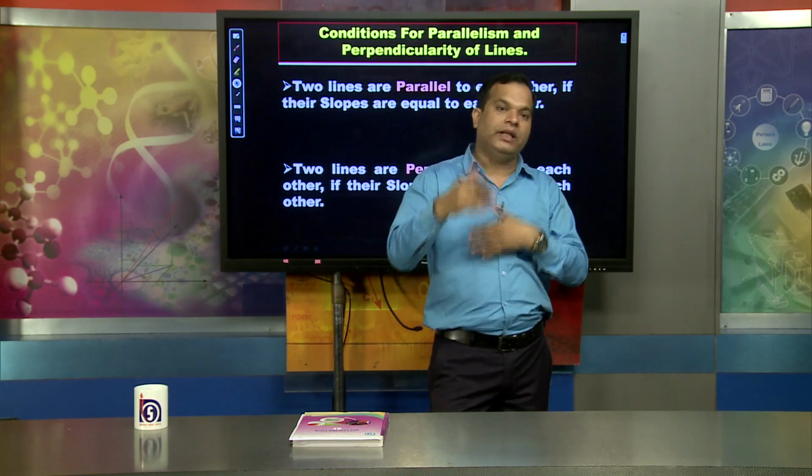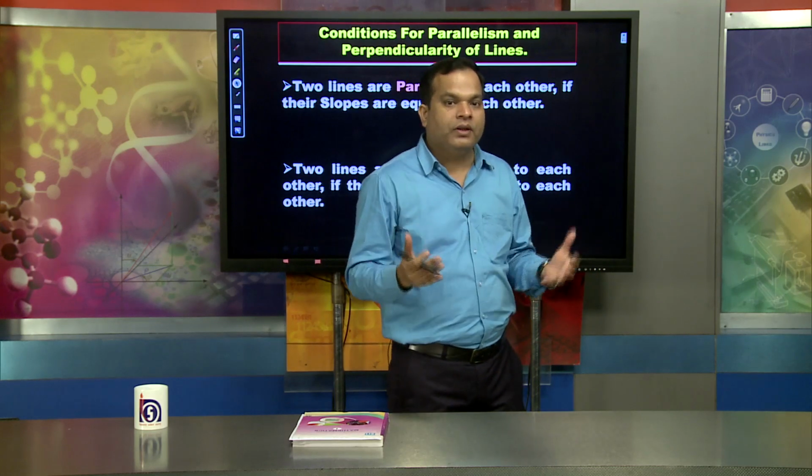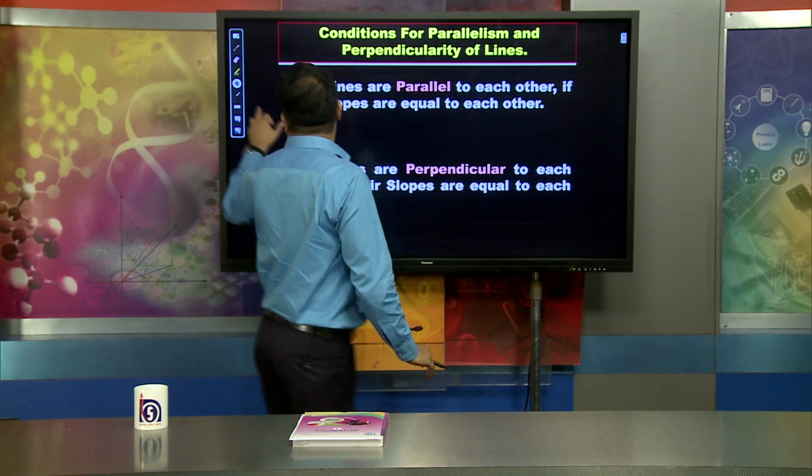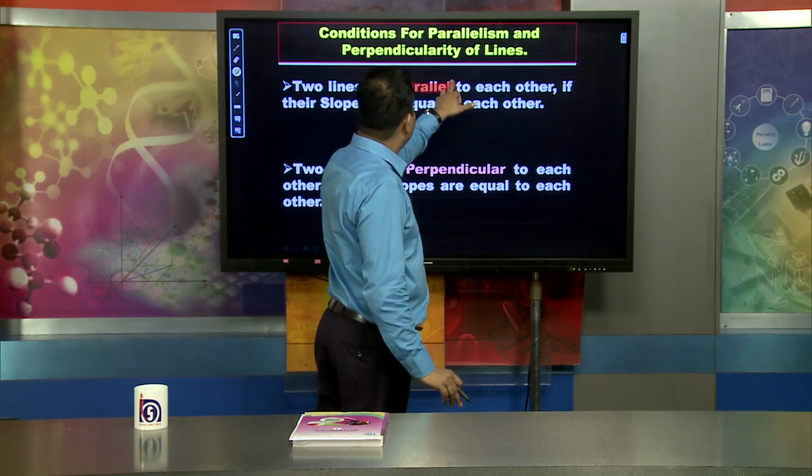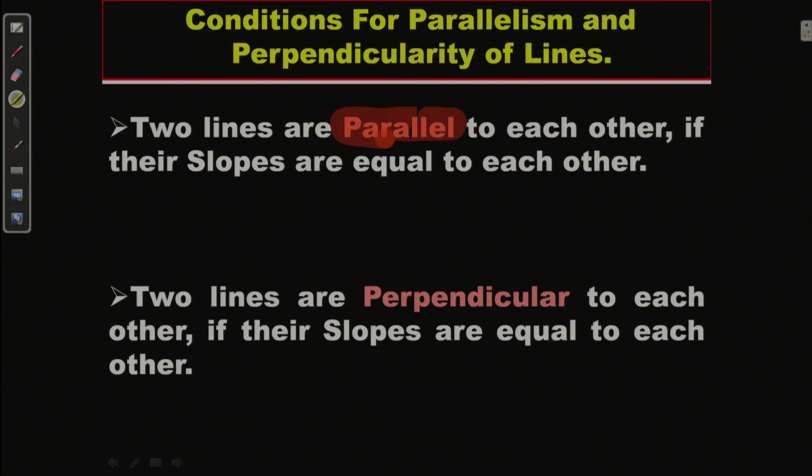In terms of slope, when two lines are parallel, the condition is that the slopes of the two lines are equal. Suppose there is a line L1 whose slope is m1, and L2 is another line whose slope is m2.